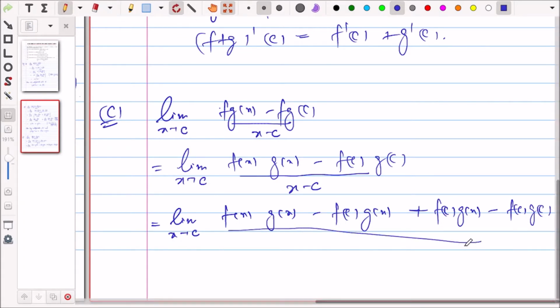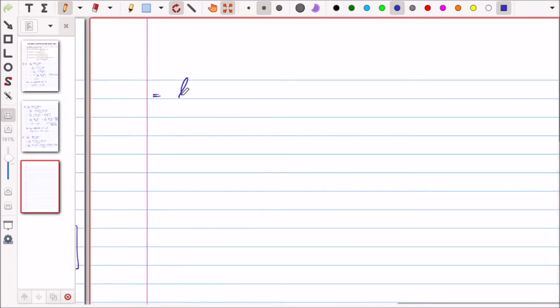And then this will be upon x minus c, right? Now you can take the common outside and simplify it, so you will get this form.